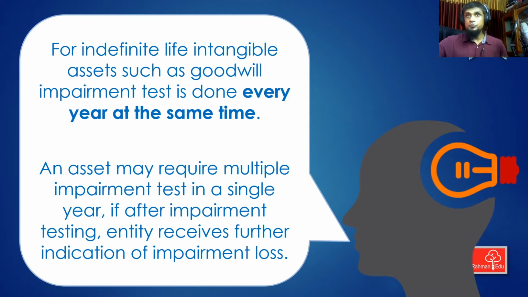Let's put it to rest for a little and let me ask a question to Bakibilla. Tell me a few of the indications that may trigger an impairment test. Sir, if it is physically damaged.